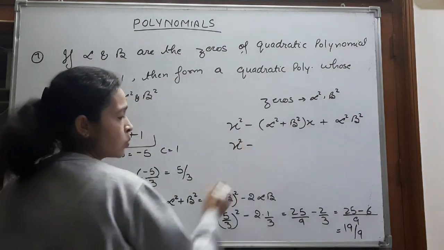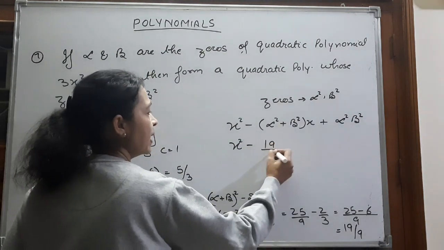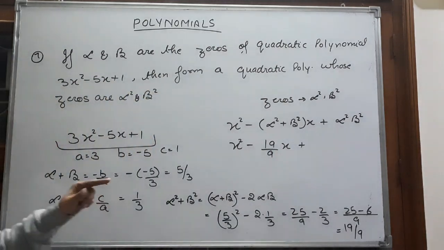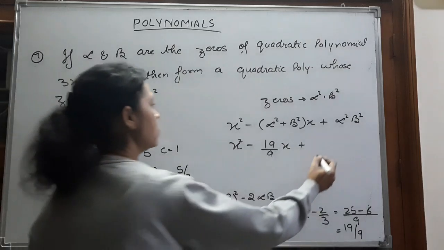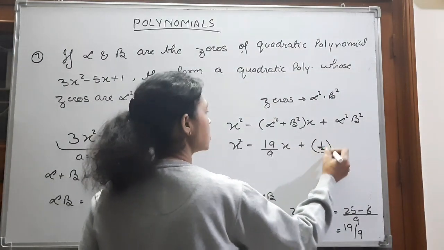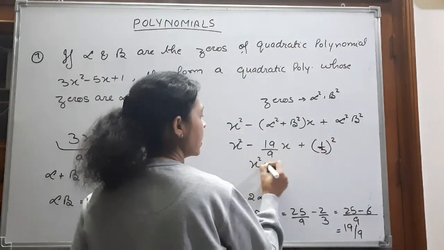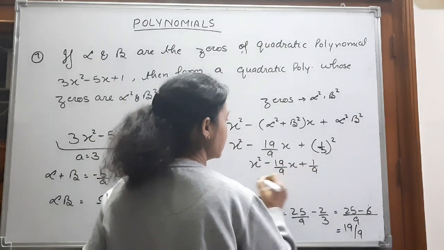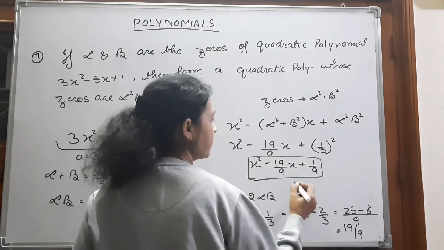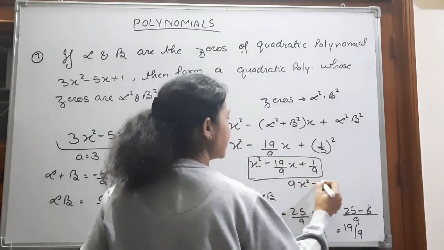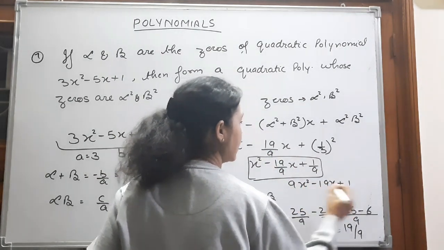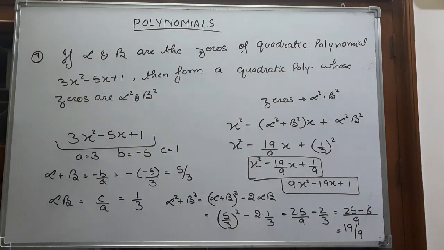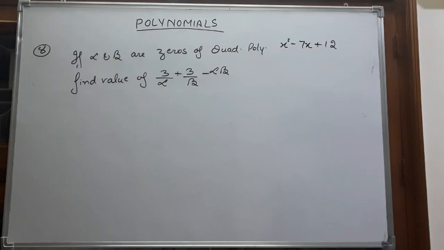So our polynomial will be x square minus 19 by 9 x plus alpha square beta square, which means (alpha beta) whole square, which is equal to (1 by 3) whole square. We have x square minus 19 by 9 x plus 1 by 9. We can write it as 9x square minus 19x plus 1. This is our quadratic polynomial with zeros alpha square and beta square.